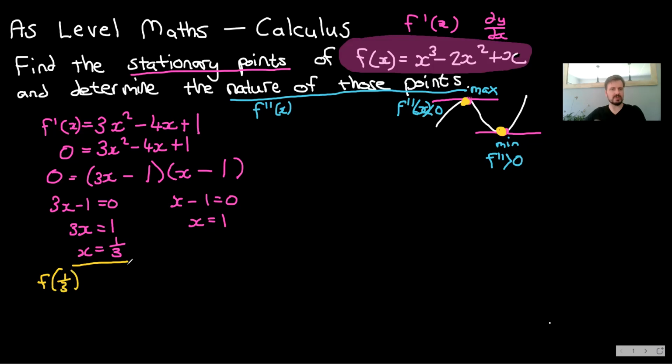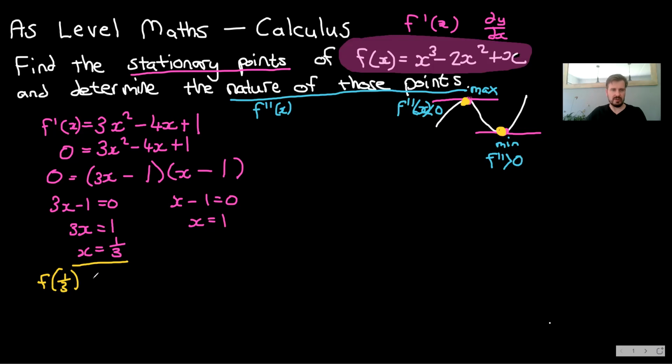Some people make the mistake of substituting a third back into the derivative. Now, if you sub a third back in, you're going to get 0 because you've solved it already, and a third was when it was 0. So if you were to sub a third back in here, you would get 0, which is obviously not the answer.